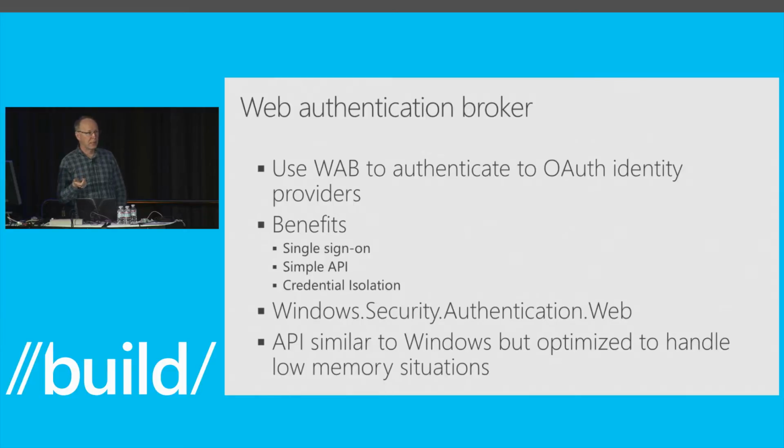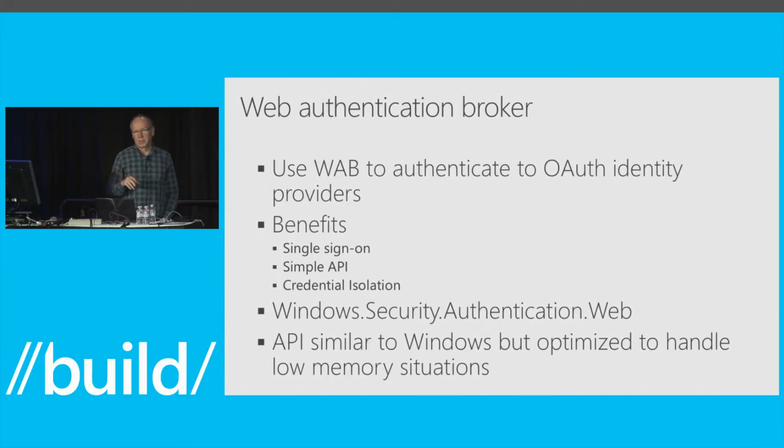If it is basic, it's only ever going to be activated in proc. If the trust level is partial, and the caller is running in an app container, then the COM runtime will activate that class out of the app container in what's called a full trust environment.